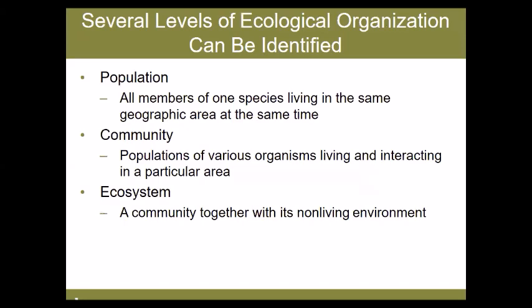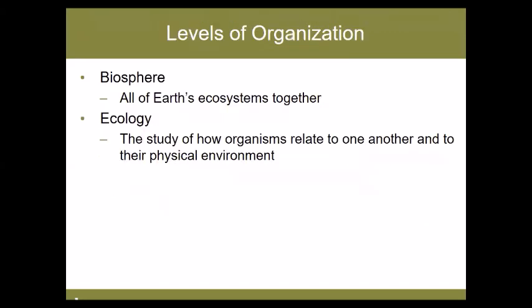You can also look at the ecosystem in terms of light and water. If you put all of the ecosystems together, you have what's called the biosphere. And if you study ecology, that is basically what you're looking at: how all of these different organisms interact with each other and also with their surroundings.